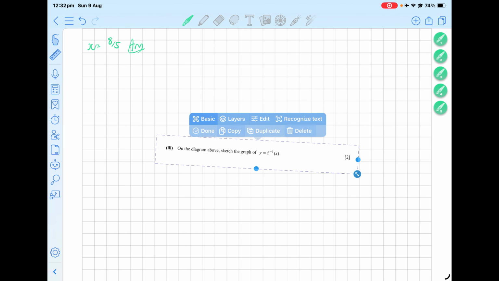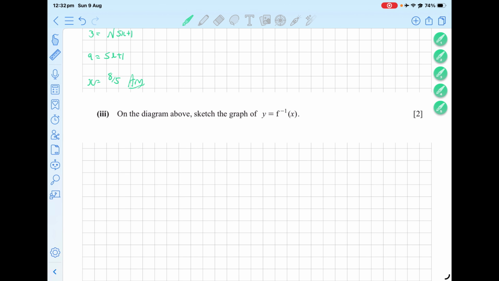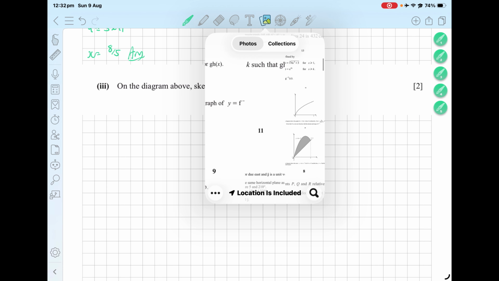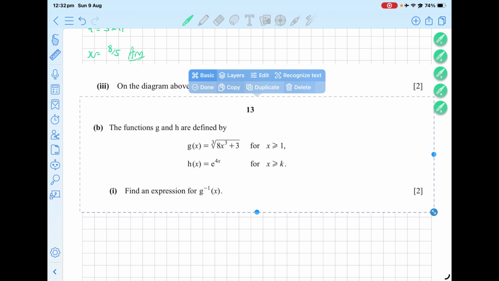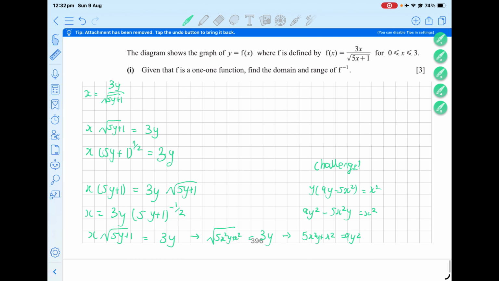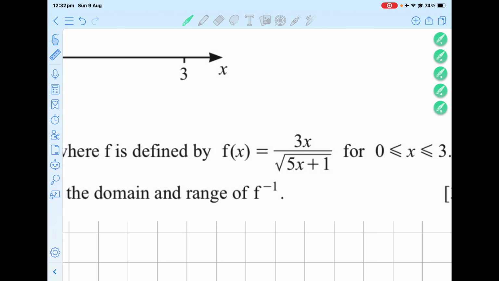And so on the diagram above, sketch the... did I take the picture of the diagram? No, I didn't. So 3x over root of 5x plus 1.